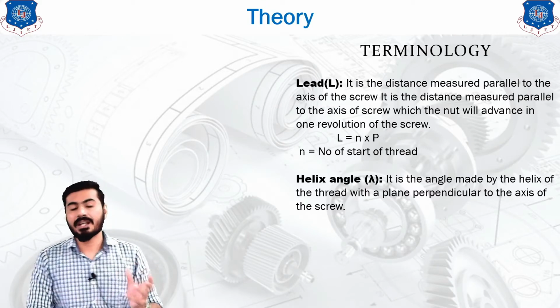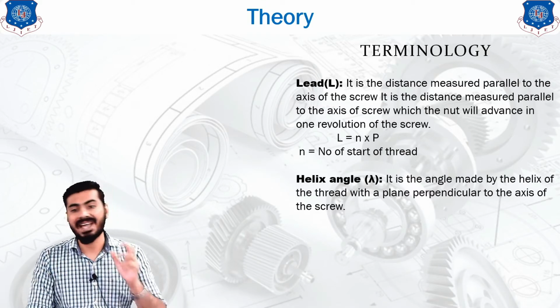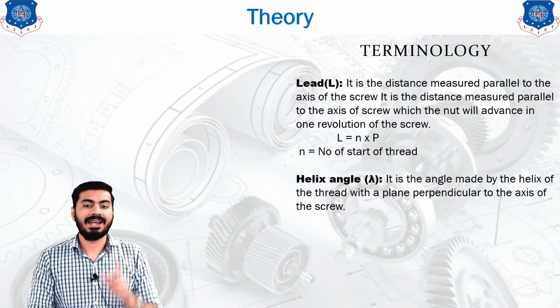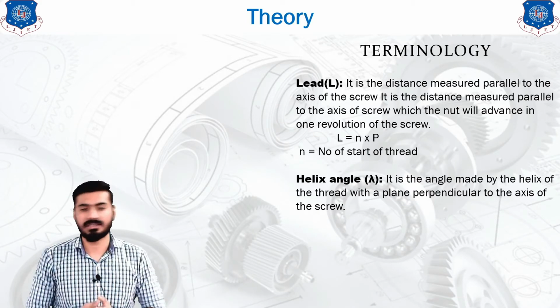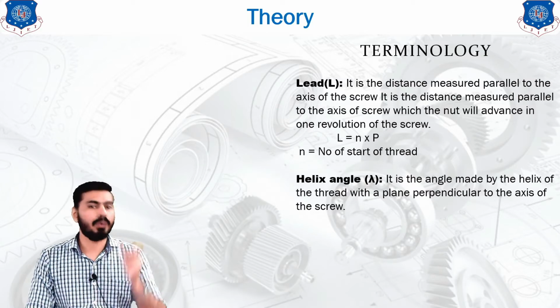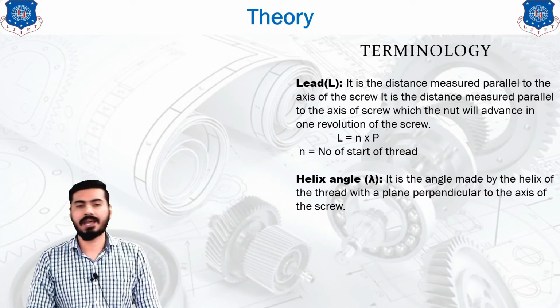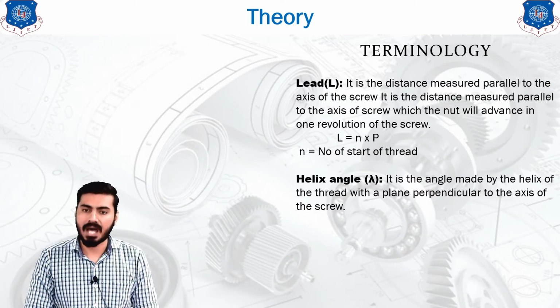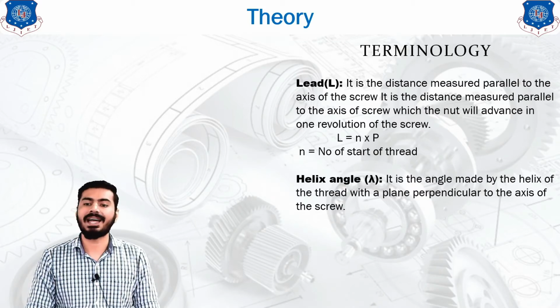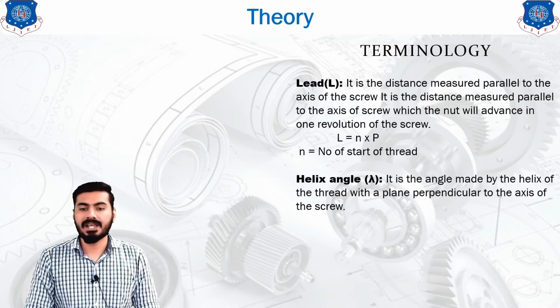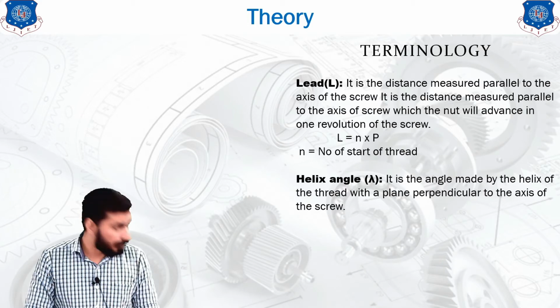The lead can be calculated using the mathematical form L equals N into P, where N is the number of starts of the thread. The helix angle is the only terminology left, represented by lambda. It is the angle made by the helix of the thread with the plane perpendicular to the axis of the screw.